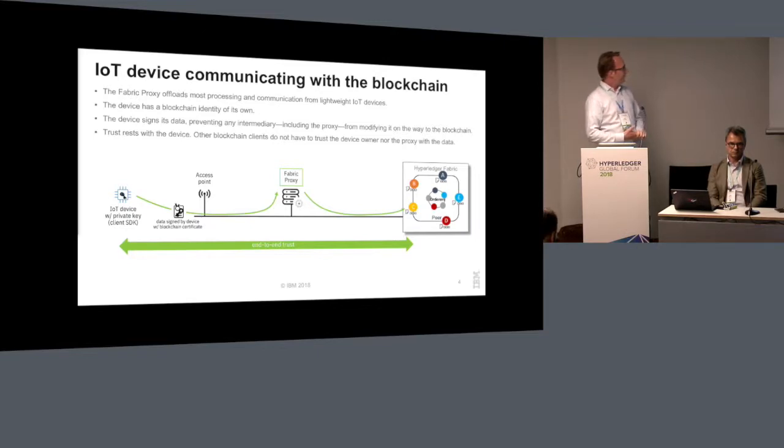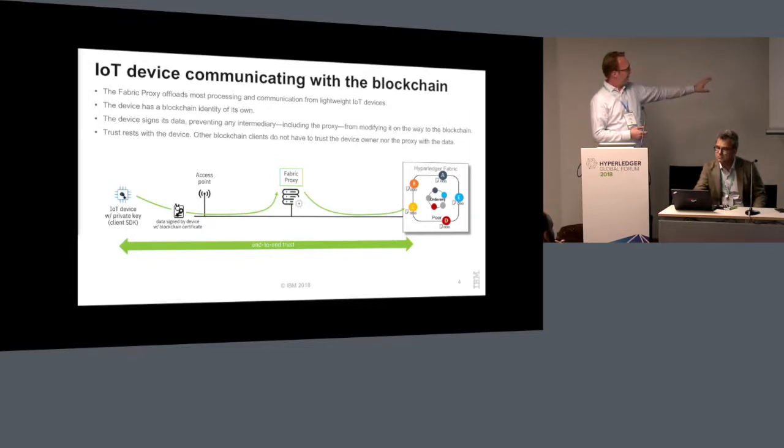So what we are proposing is to use a generic SDK that people use to develop applications for Fabric, and carve out of that the part that does the signing, so the absolute minimum that needs to run on the device to implement what I just described, and farm out the rest of the processing and the communication with the blockchain to what we call a Fabric proxy.